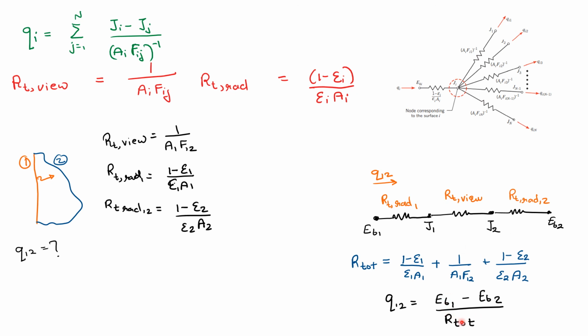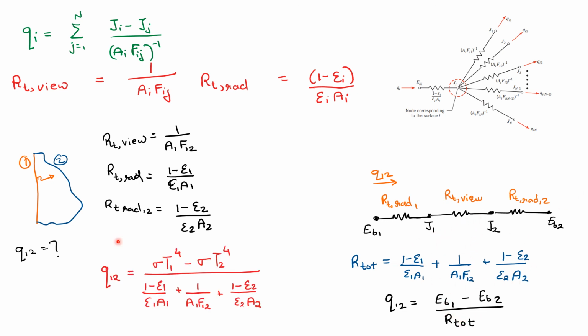So the total resistance here is the summation of all these three resistances, and I'll write this down as: Eb1 is nothing but sigma times T1 to the power 4, minus Eb2, which is sigma times T2 to the power 4, divided by the summation of the three resistances that we have.